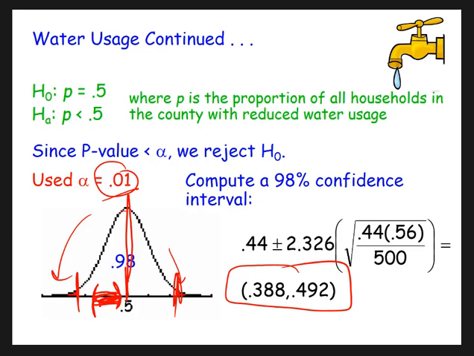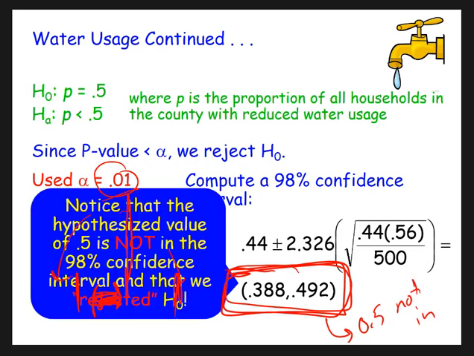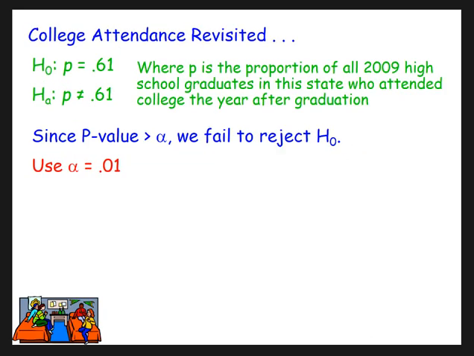We are 98% confident that the true population proportion is in this interval, which means we're 98% confident that it's not 0.5, because 0.5 is not in the interval. That supports our conclusion that we rejected the null hypothesis. And those should give the same conclusion, by the way, every time.